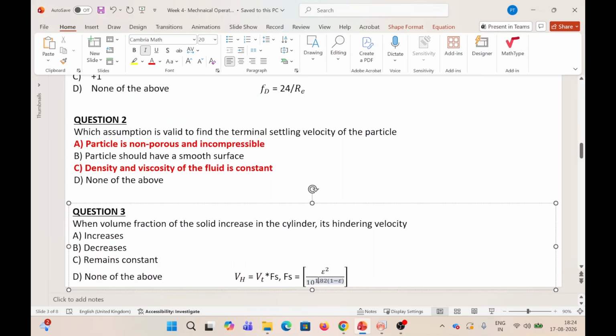So what's the answer? It is going to decrease, right? Option B. Because the FS factor is going to decrease with the increase of epsilon, the total hindered velocity VH is going to decrease as epsilon increases. So any questions? Anyone?